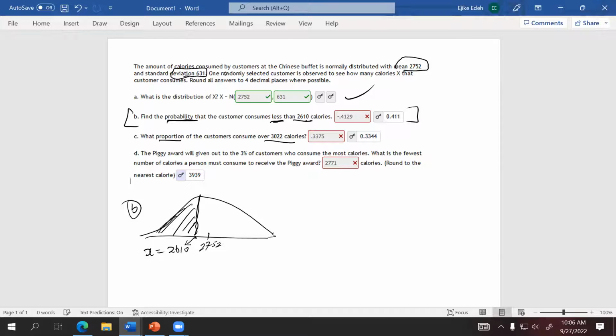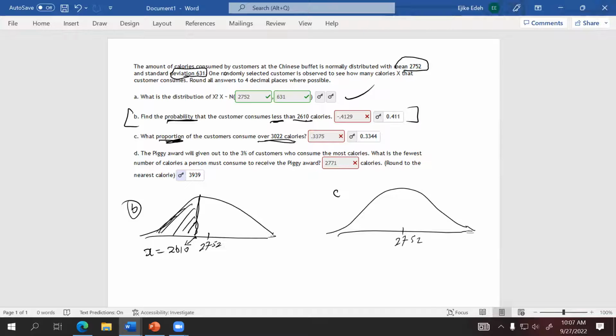Question C is the opposite, not exactly. The middle again is 27.52. The question is, what proportion of the customers consumes over 3022 calories?